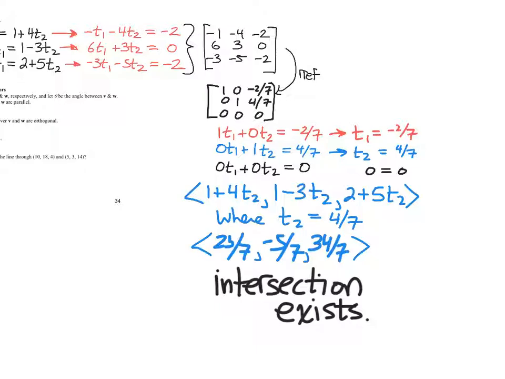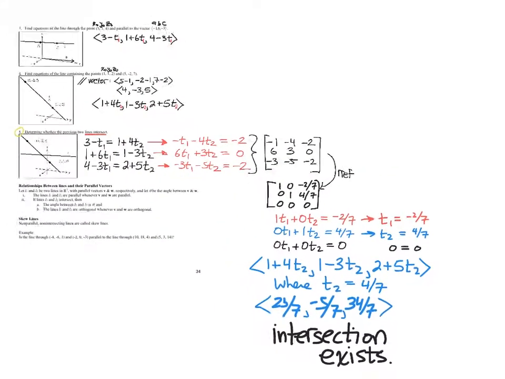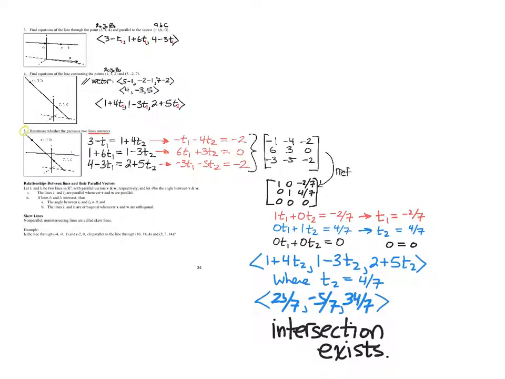All right, and again, if you wanted to, you could have plugged your T1 value, the negative 2/7, into your T1 set of equations, and you would have gotten the same coordinates, 23/7, negative 5/7, and 34/7. All right, so that's giving us the location of the intersection between the 2 roads. Now, it's also telling me that time isn't flowing the same way in these 2 systems, assuming T represents time, right?